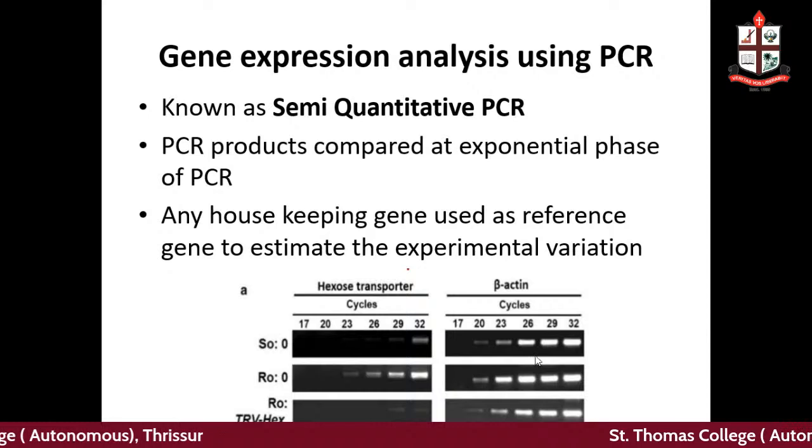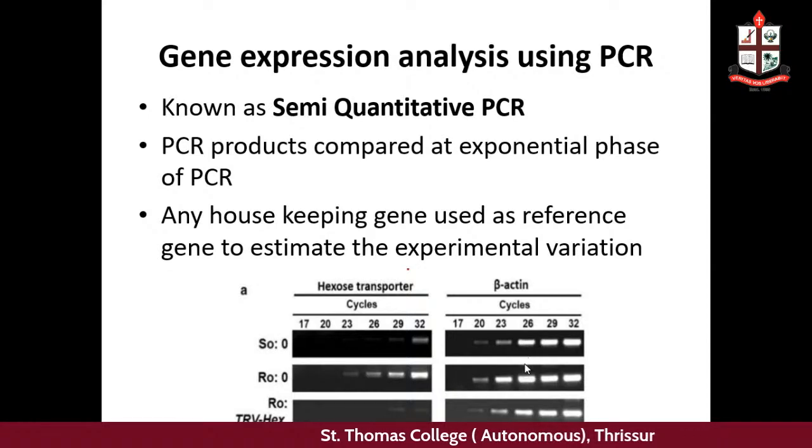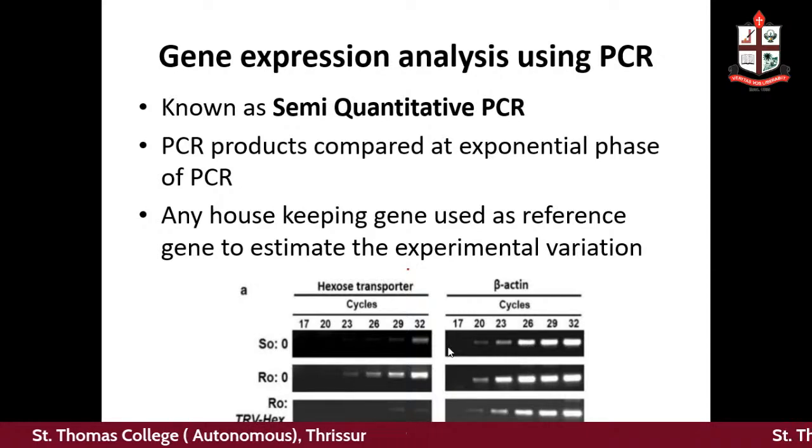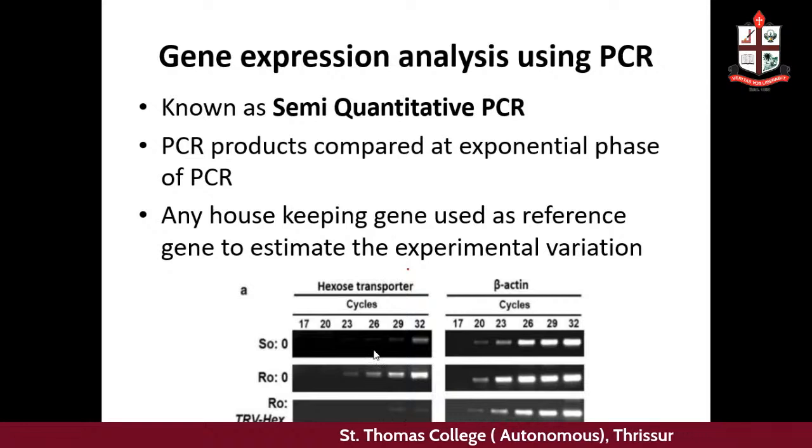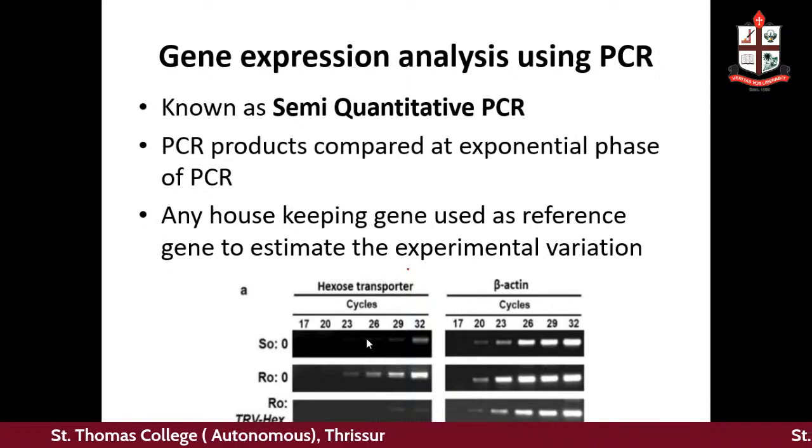When we compare the reference gene in the same cycle, that is 26 cycle, the expression of actin is almost similar in both the samples. So here we can make an inference that this gene expression is increased in this R0 sample compared to the S0 sample. So this is how semi-quantitative PCR is done.